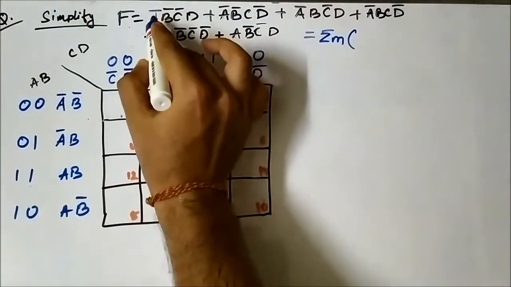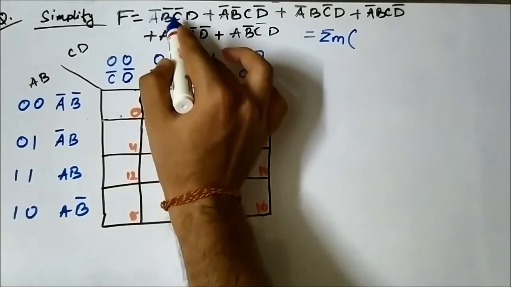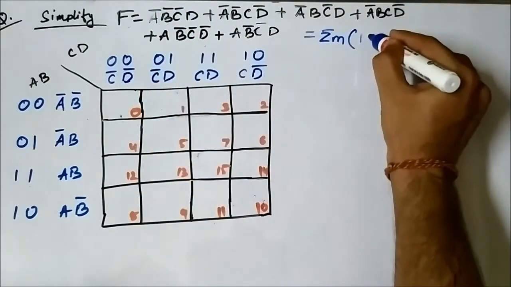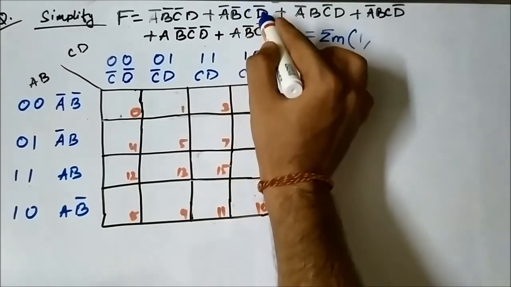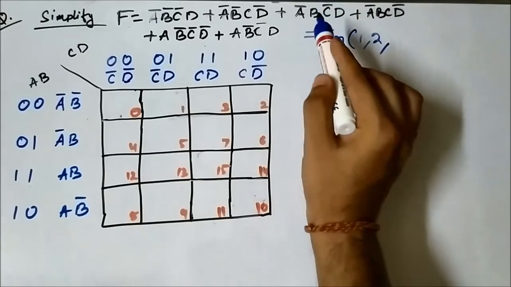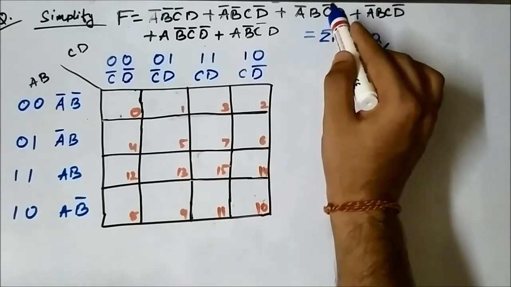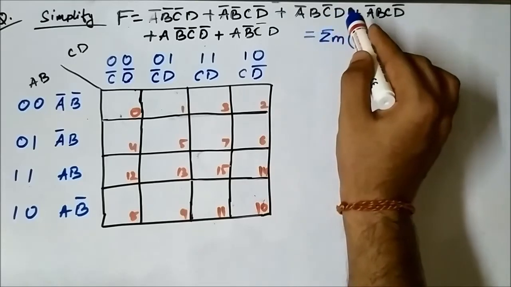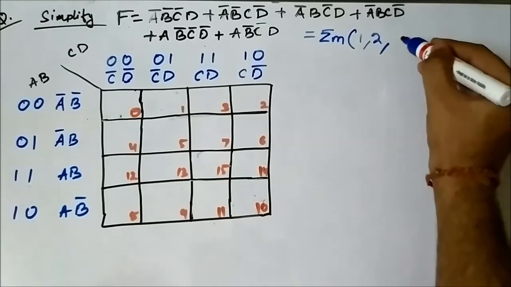This is 0001, so it is 1 in decimal. This is 0010, so it is 2. This is A bar, B, C bar, D, 0101, which is 5.